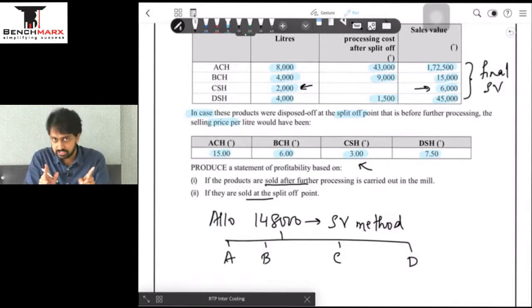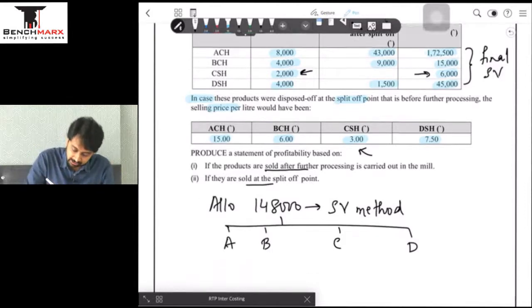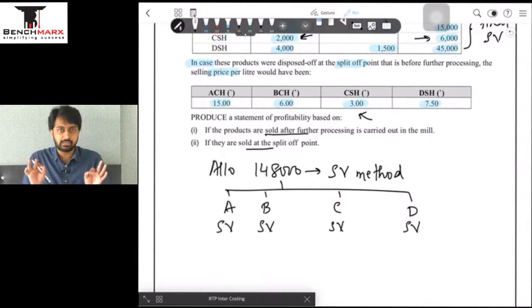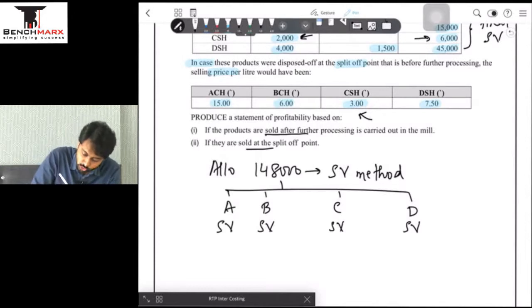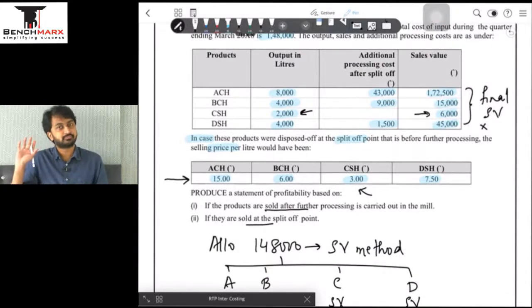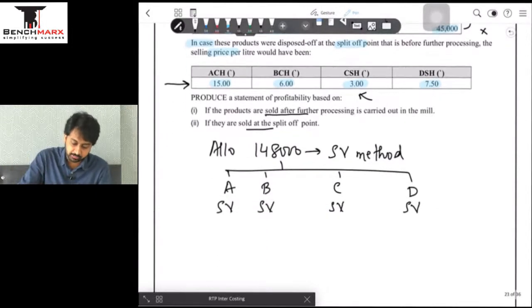We should always go for sale value if sale value is available, which means I will find sale value of A, I will find sale value of B, I will find the sale value of C, I will find the sale value of D and not the notional sale value because we do have the sale value, which means I should take SP at the point of split off, which means I should use this data and not this data for cost allocation. Cost allocation के लिए I need sale value or at the split off. So very simple. What is output?